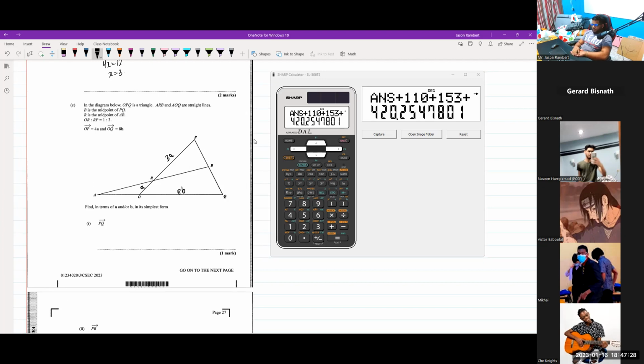PQ is PO plus OQ. PO is minus OP plus OQ, minus 4A plus 8B. PR is minus 3A.